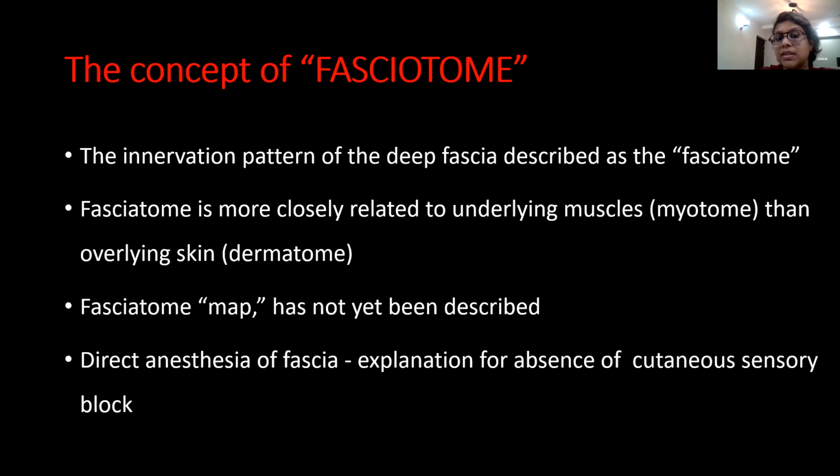And this theory might provide an explanation for the absence of cutaneous sensory block. This again confounds the principle of how we can assess the efficacy of the block. If there is no cutaneous sensory loss, how can we define the success or failure of a fascial plane block?